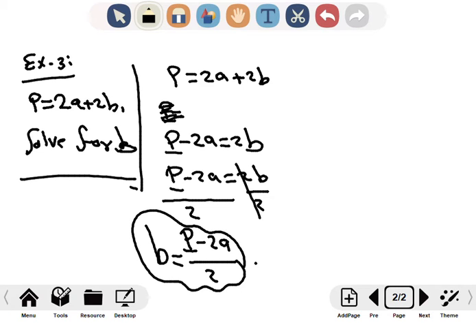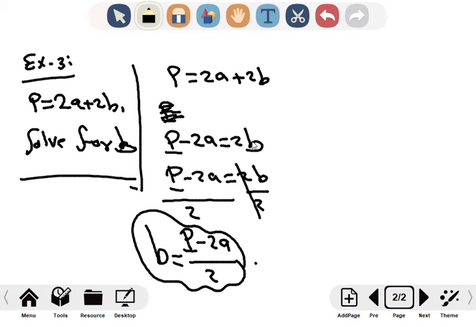So this is the equation, and we solve it for B. I did some steps and I get B equals this. Is this clear? I want B to be alone, so the 2A gets moved, and when it moves it becomes negative. So 2B equals P minus 2A.